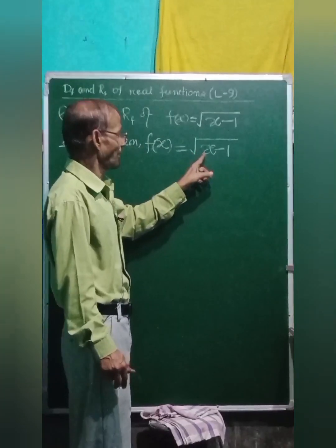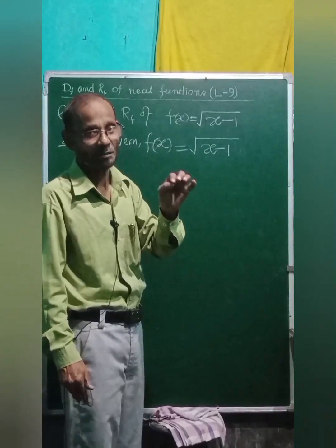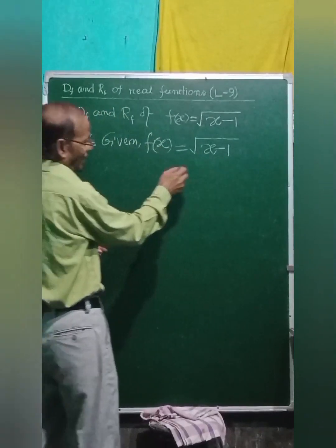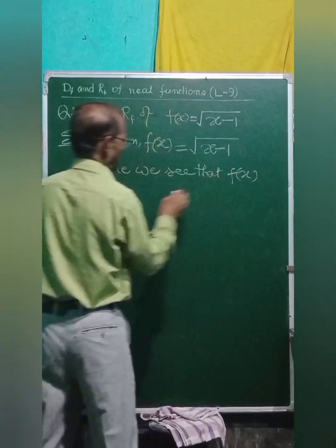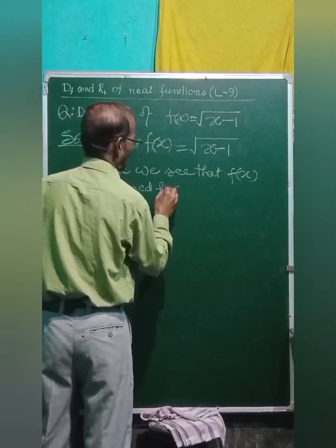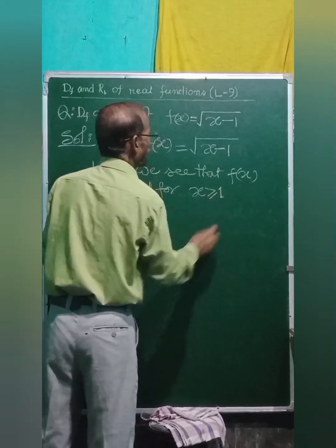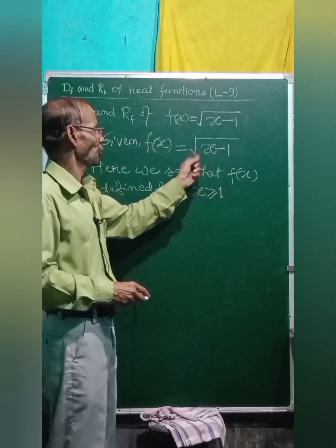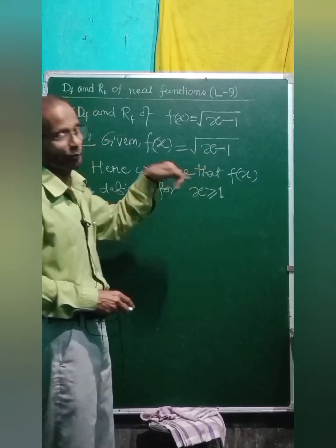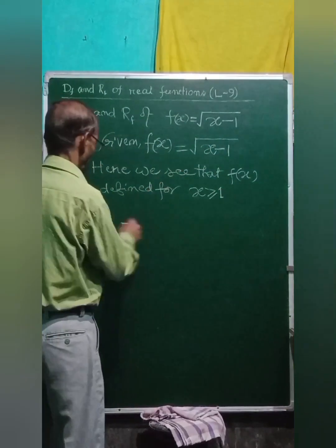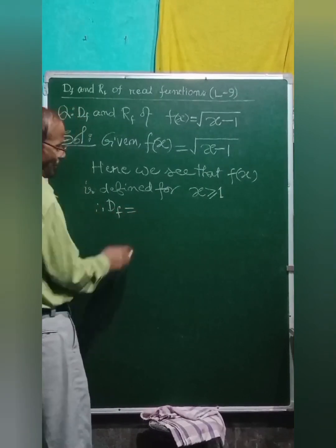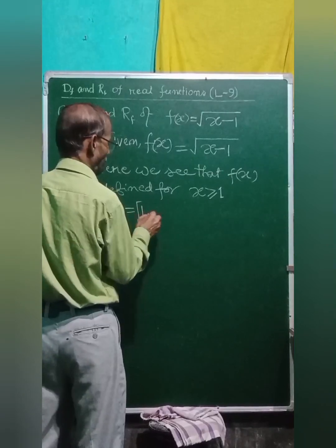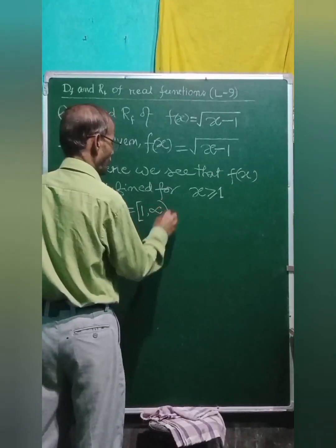The conclusion here is that the expression under the root must be greater than or equal to 0. So f(x) is defined if x is greater than or equal to 1, because then what remains is positive, and the root of a positive number will also be positive. So the domain Df is obviously [1, plus infinity). Understand?